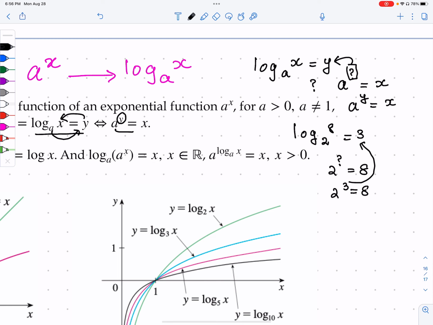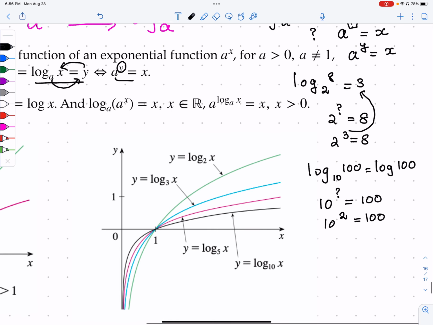Again, what is the log 100 base 10, popularly known as log 100? The question is, what is the power of 10 that will give me 100? The answer is 2 because 10 squared is 100.